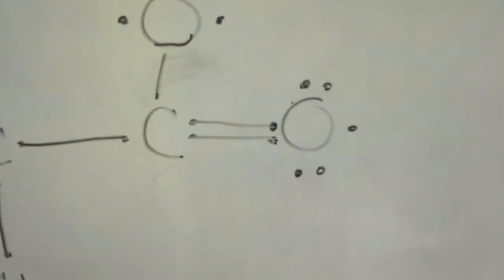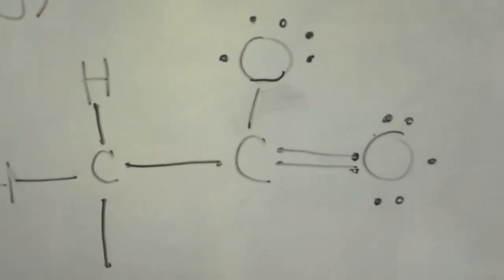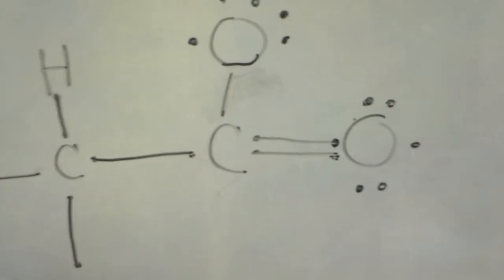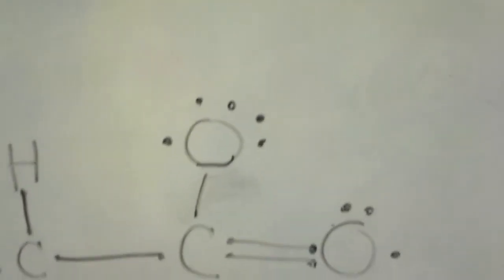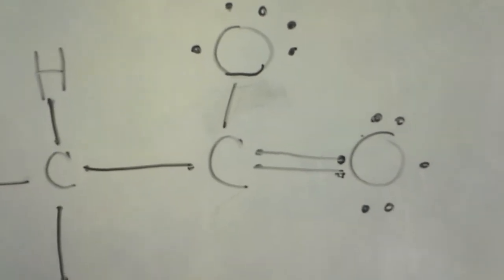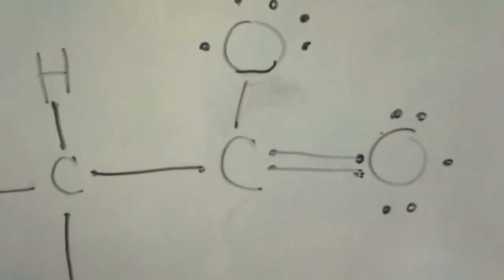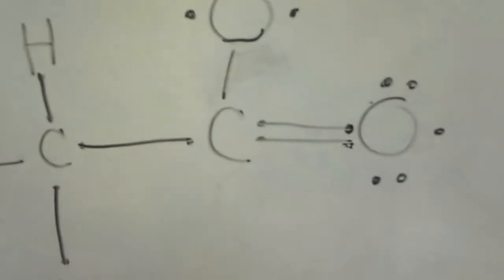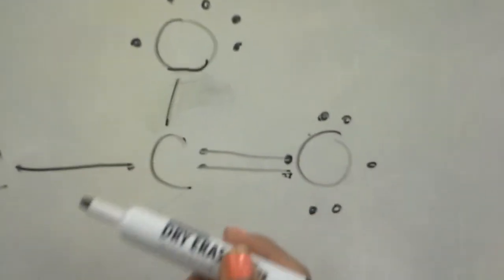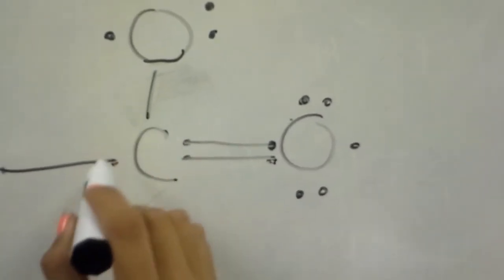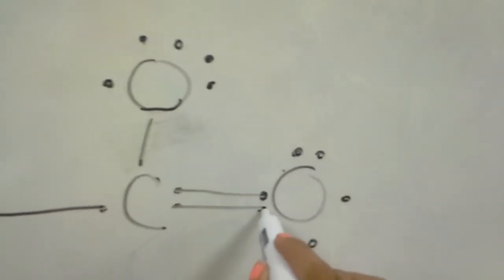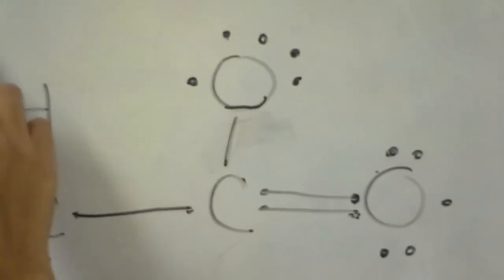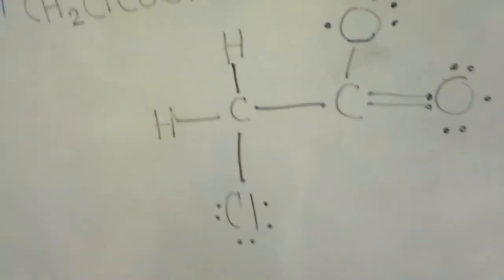And that's it. It's a little bit messy, but you have your 4 valence electrons for carbon, one for each hydrogen, 7 for chlorine, and right here there's one of them, 4 for carbon, 6 for oxygen, and again 6 for oxygen, but you also have an extra electron because it's negatively charged. So that's your Lewis structure for CH2ClCOO negative.